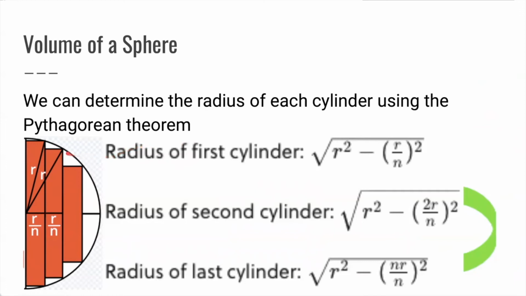For the second cylinder, we have a right triangle, and this time the hypotenuse is still r, but one of the legs is 2r over n. So the radius of the second cylinder is the square root of r squared minus (2r over n) squared. And this continues all the way to the last cylinder, which has a radius of the square root of r squared minus (nr over n) squared.